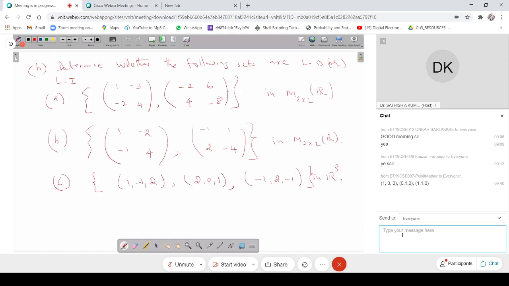And one more thing, why do you want to discuss these concepts? As I told you earlier, if you take any two subspaces, say W1 and W2, their dimensions can be found independently, and the dimension of the sum of those two subspaces can also be calculated.